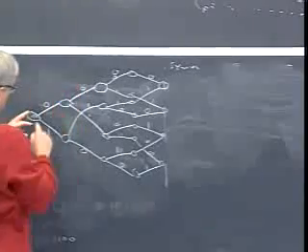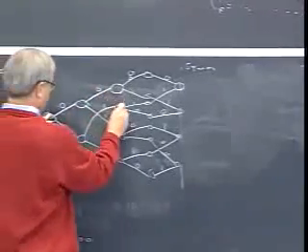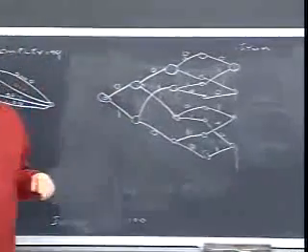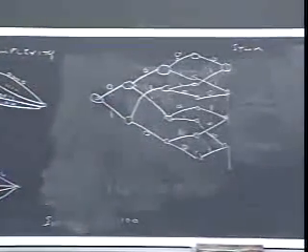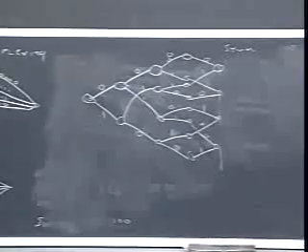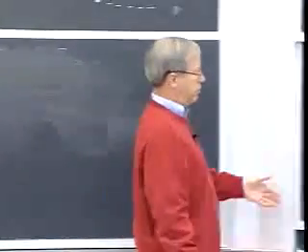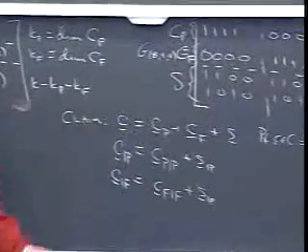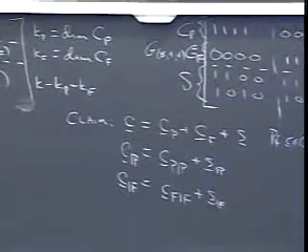So I wrote down all the code words, I wrote down all these state codes at all these times. I could have written them down in any order, and then I just connected the dots according to which state they go through. Okay.